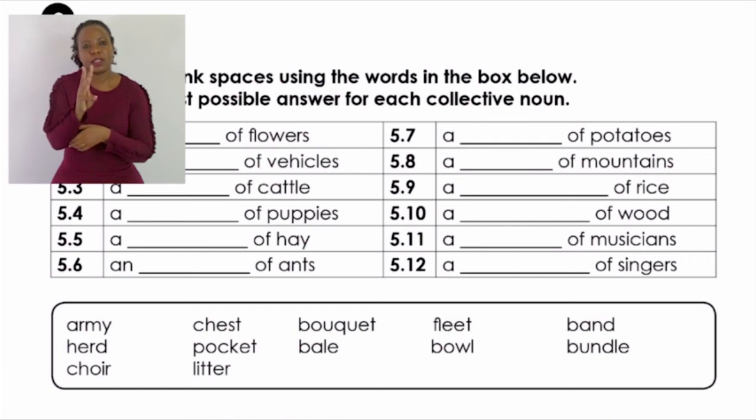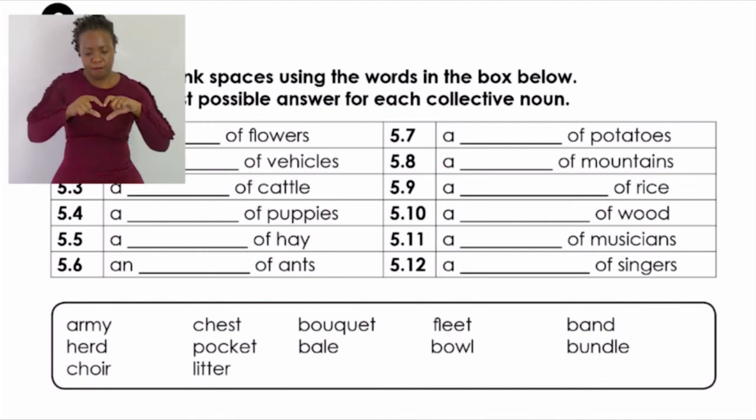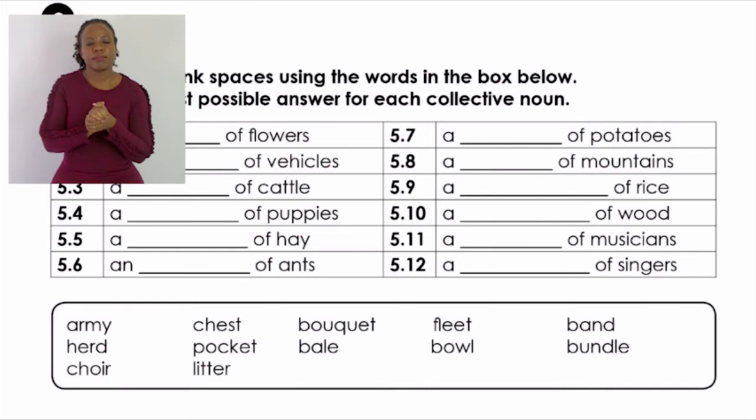Activity 5, fill in the blank spaces using the words in the box below. Write the best possible answer for each collective noun. Right. The answers are given at the bottom.